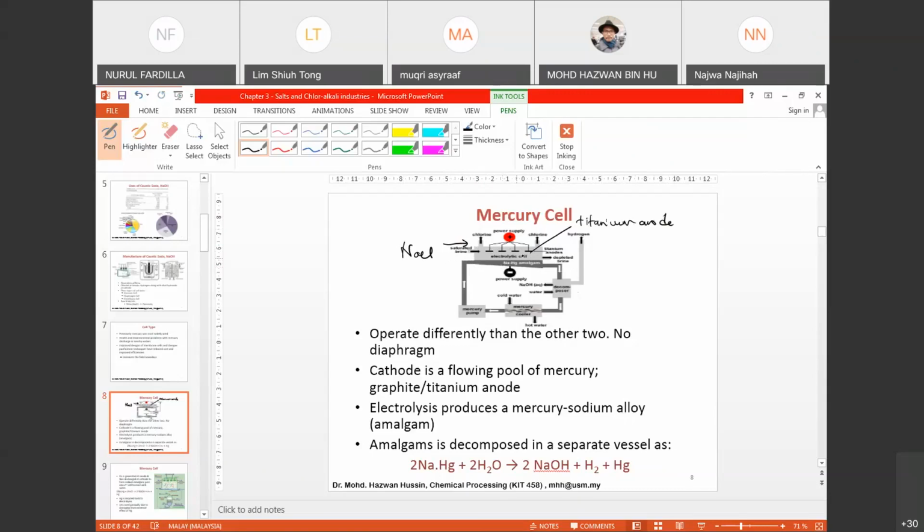Then the cathode used for the process is mercury. You will see over here that sodium mercury is the cathode.